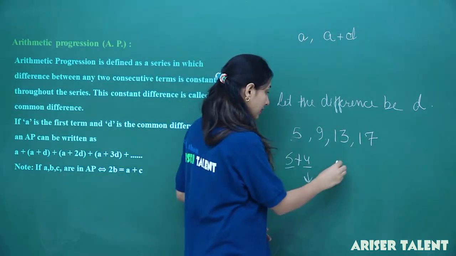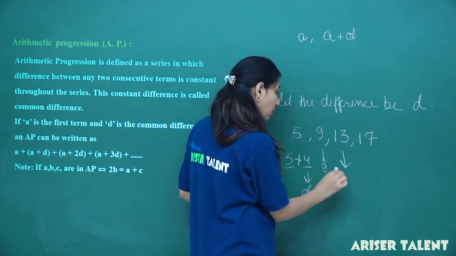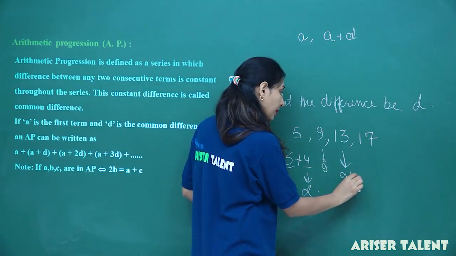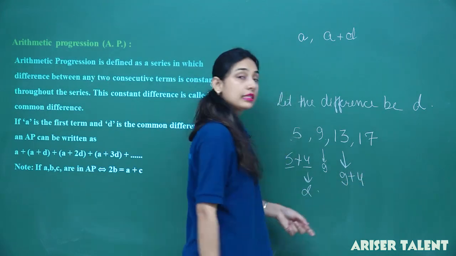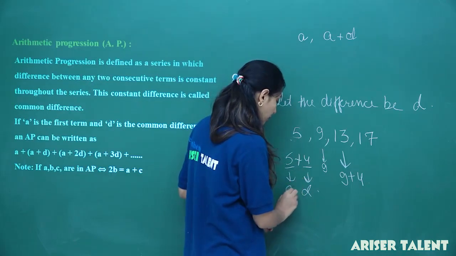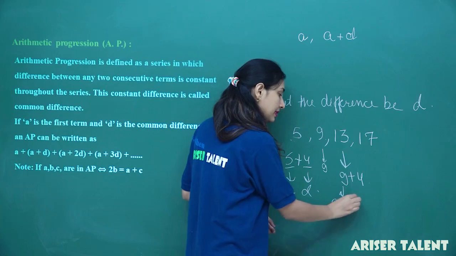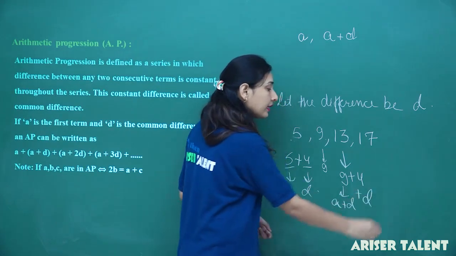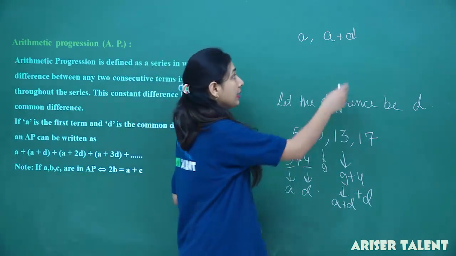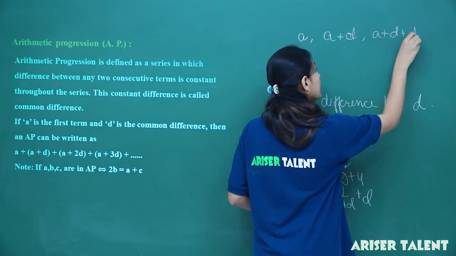Now again, the third one: 9 plus 4 is 13. What is the 9 here? This was the first term A, so this is A plus D, and again a D. So it will be A plus D and then A plus D plus D.